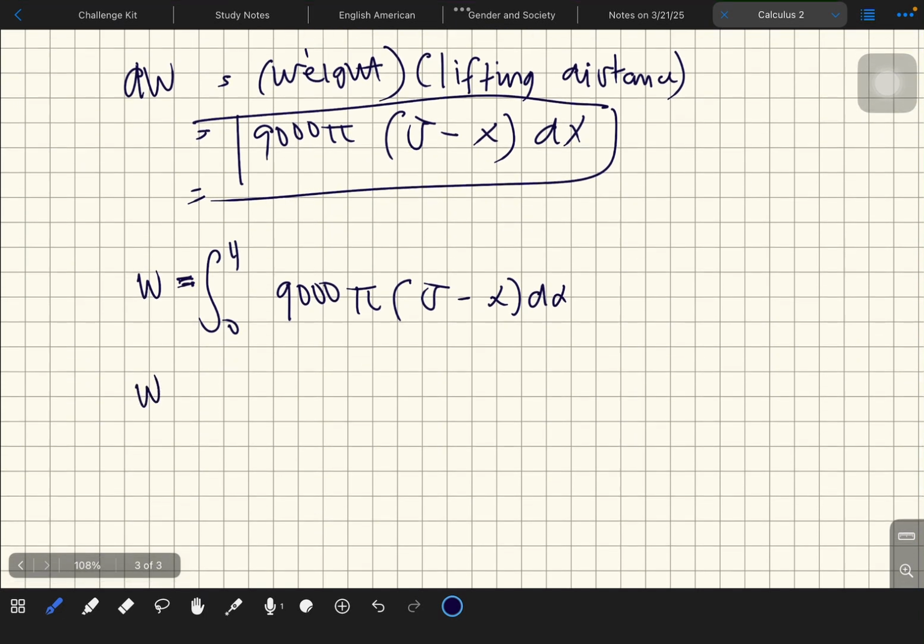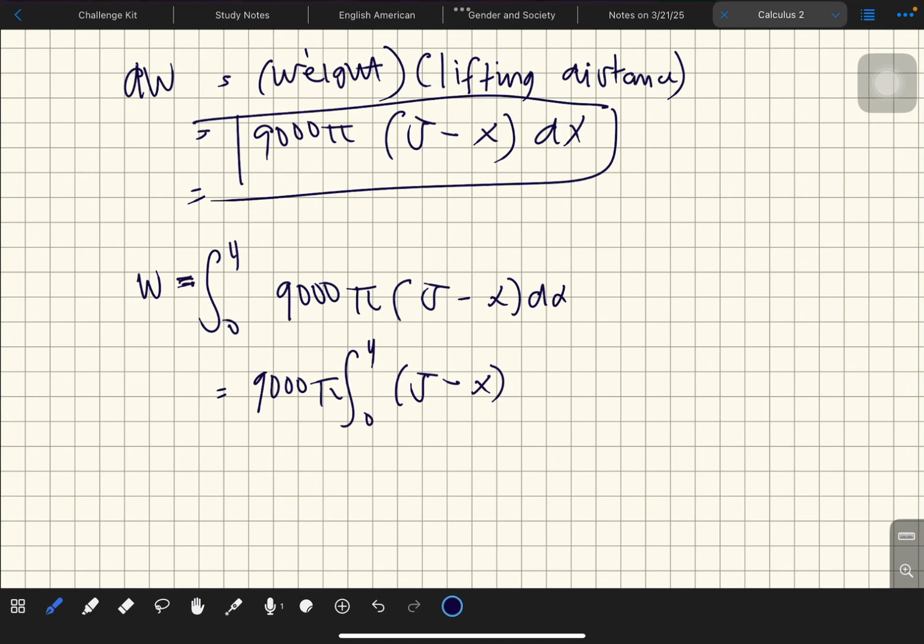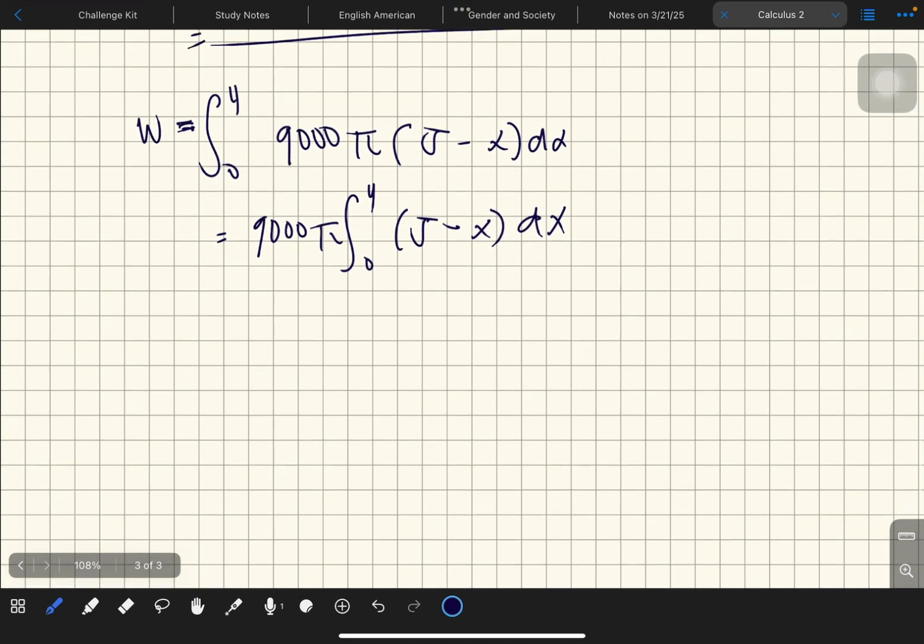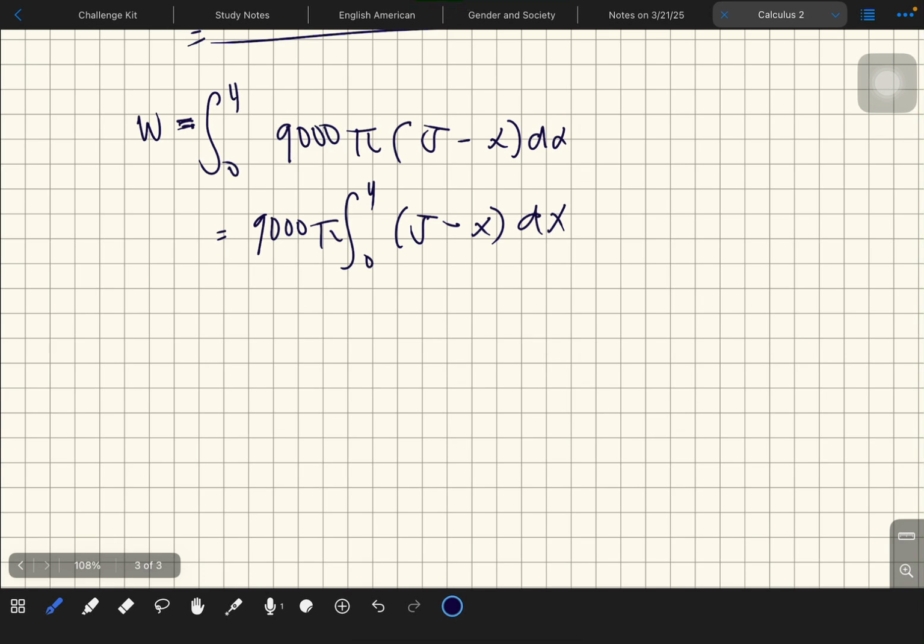So work is equal to the integral of that. Take the constant out of the integral, so this is equal to 9,000 pi times the integral of 5 minus x dx.